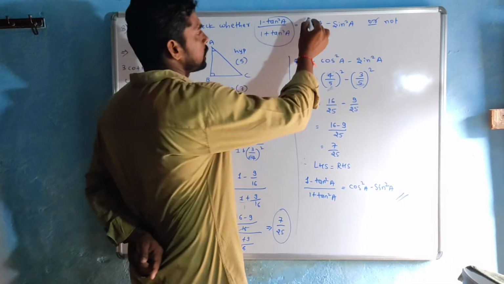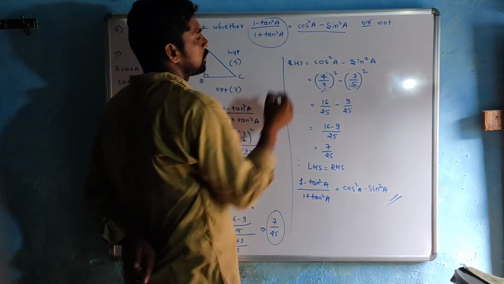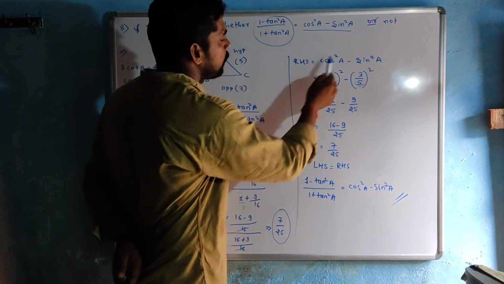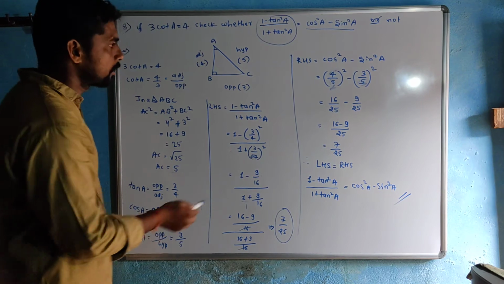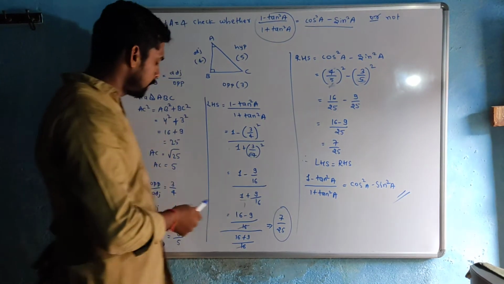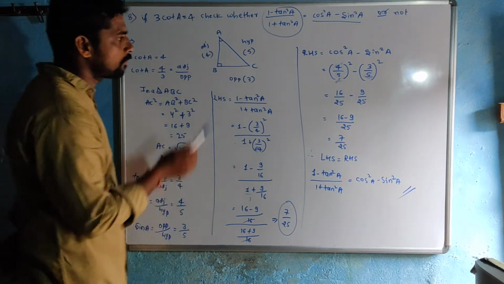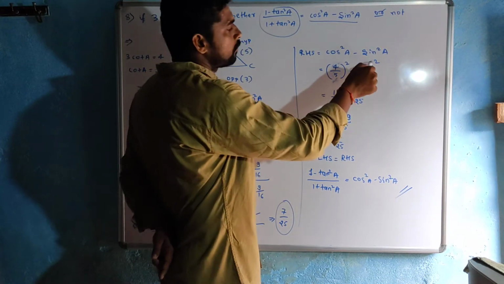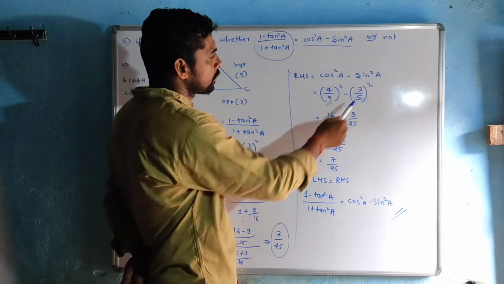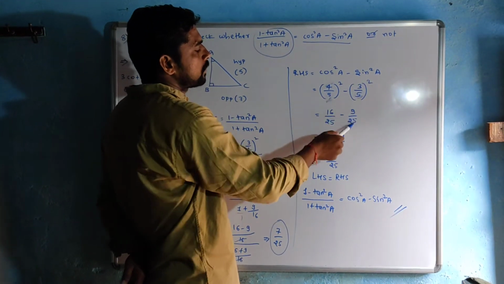See here, this is RHS: cos square A minus sin square A. Cos A value you already know is 4 by 5, square is there. 4 by 5 square minus sin A. See here, sin A is 3 by 5. Therefore 3 by 5 bracket square. 4 square is 16, 5 square is 25, 3 square is 9, 5 square is 25.